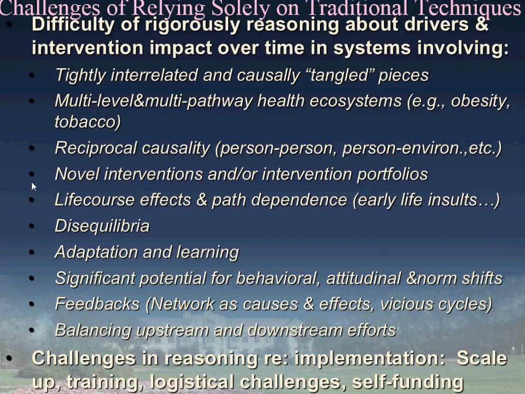And these include tightly interrelated, causally tangled pieces, multi-pathway, multi-level health ecosystems, reciprocal causality, where A affects B and B affects A, where we have novel interventions that we want to examine that haven't been examined before, or portfolios of that intervention, where we're concerned about life course effects, and about the role of adaptation and learning and helping people to adapt or regulate effectively, and where we're interested in understanding the distal impacts of changes at particular pieces of the system.